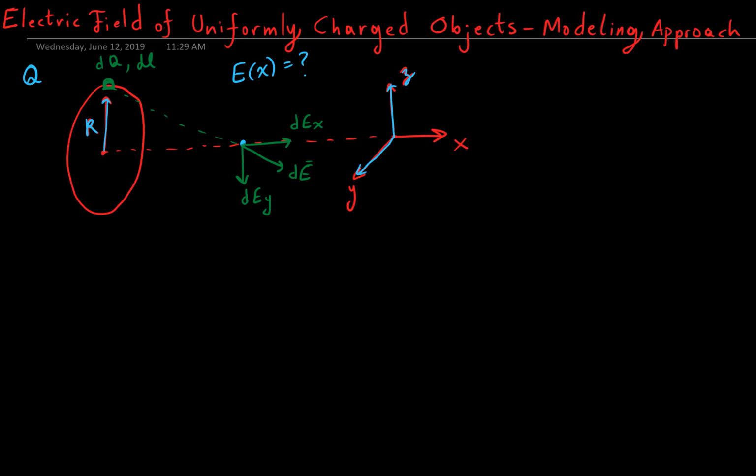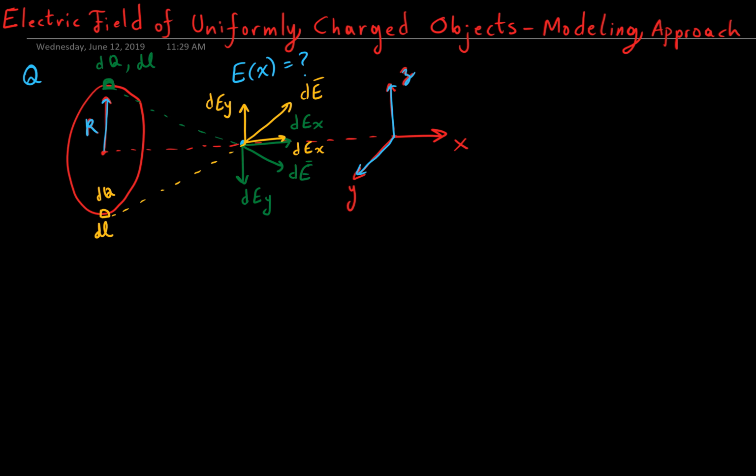Now maybe there's a way we can take advantage of symmetry here. So let's look at the opposing end of this ring as a differential quantity, dq over here along a length of dl over here. We see a line from that to here makes an electric field that points this way, and this vector can also be broken down into its x and y components. And what do you know?